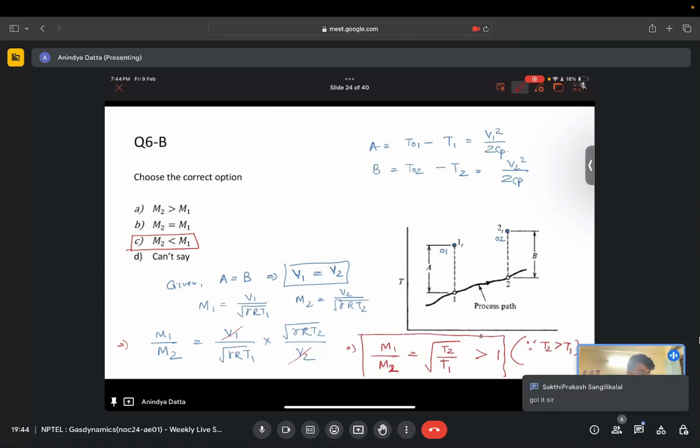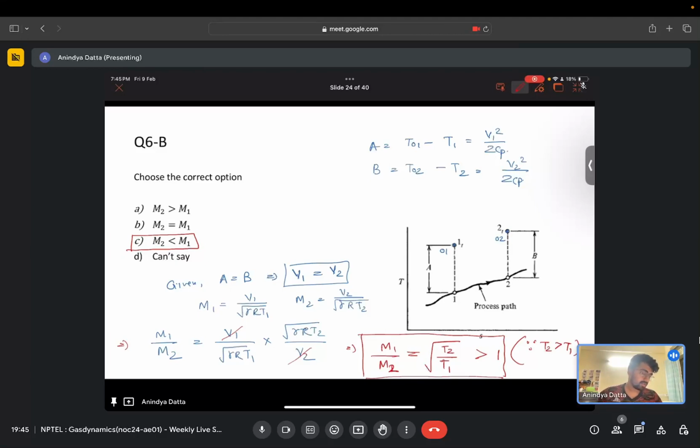Velocities are equal, so it gets cancelled. So finally what we get is M1 by M2 is equal to square root of T2 by T1. And from the TS diagram we can clearly see that T2 is greater than T1, right? So I have shown it mathematically that M1 is greater than M2.